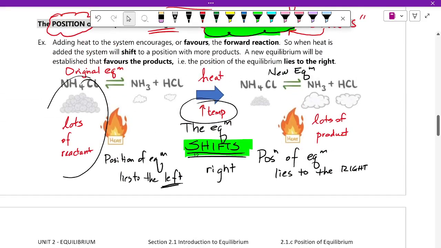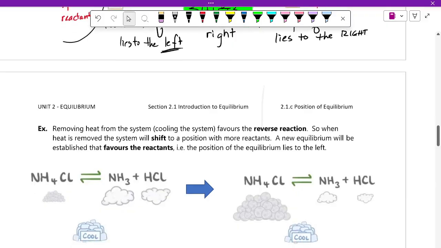So if increasing temperature shifted the equilibrium to the right, what do you think decreasing temperature will do? It will shift it to the left.